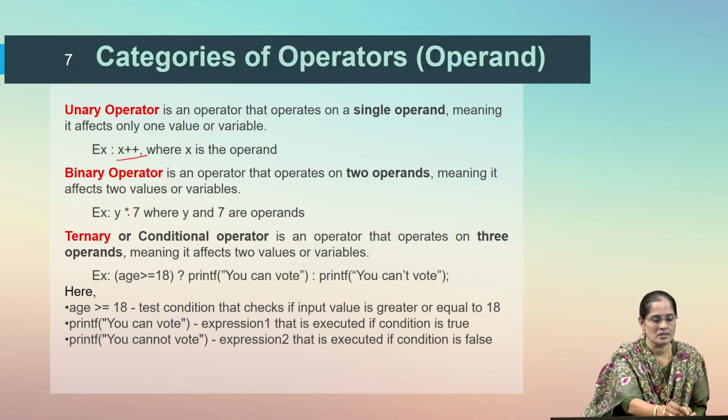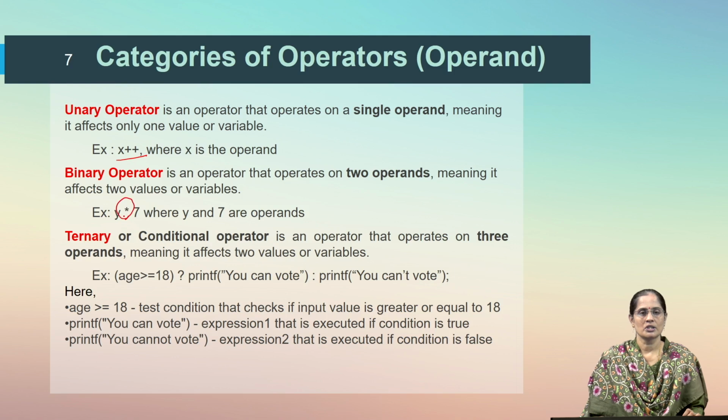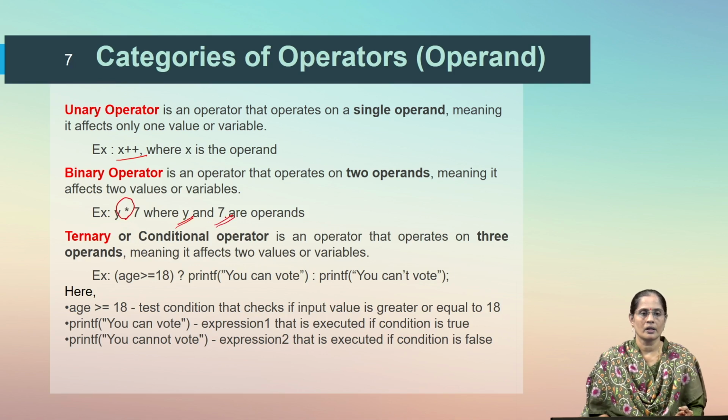Say for instance, asterisk is one of the binary operators which needs 2 operands for the multiplication operation. So, between y, which is one operand, and 7, which is the other operand, we require 2 operands for performing the multiplication operation. Hence, it is categorized as a binary operator.